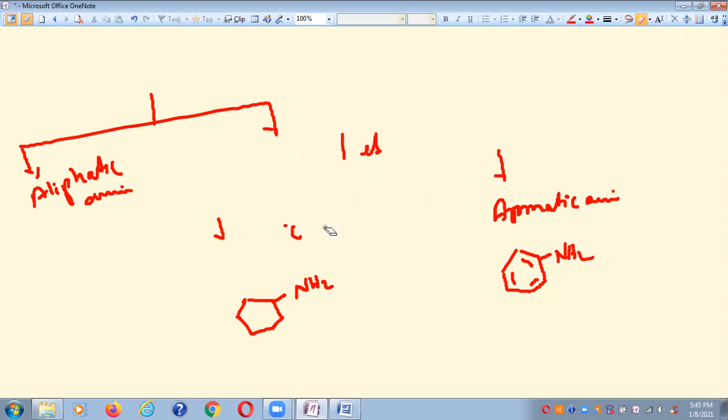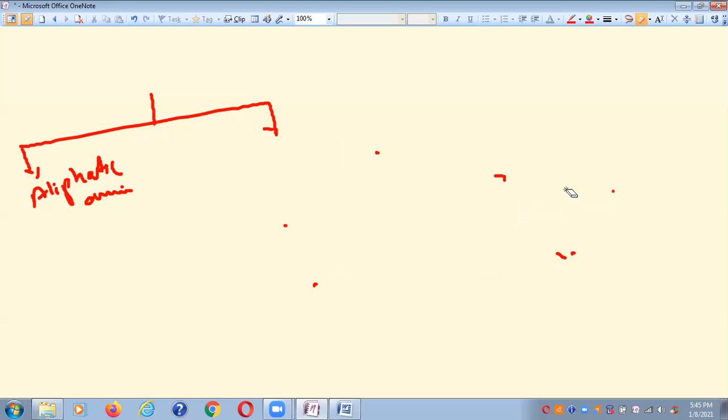This is one type of classification, and the second one is that we can classify the amines as primary, secondary, tertiary amines, even quaternary amines also. I will show you how we can classify the amines into primary and secondary. All amines are derivatives of ammonia. So this is ammonia.